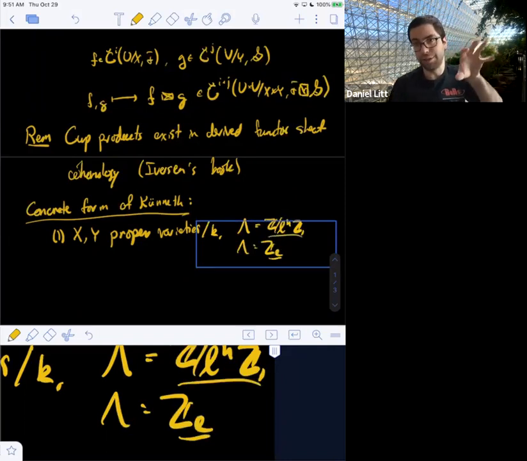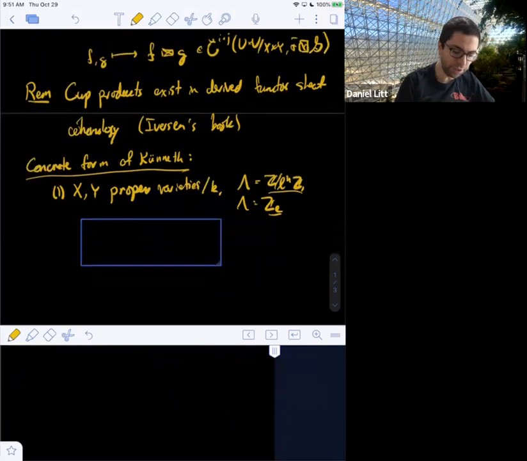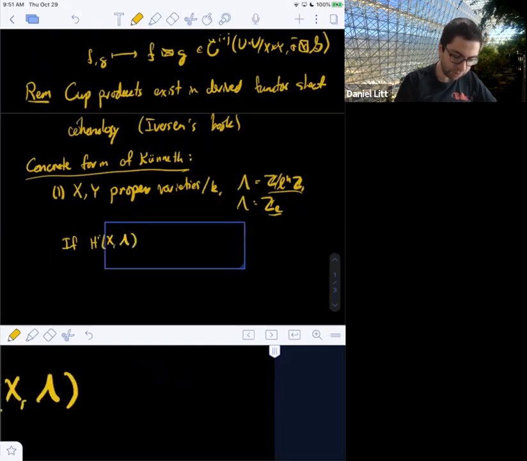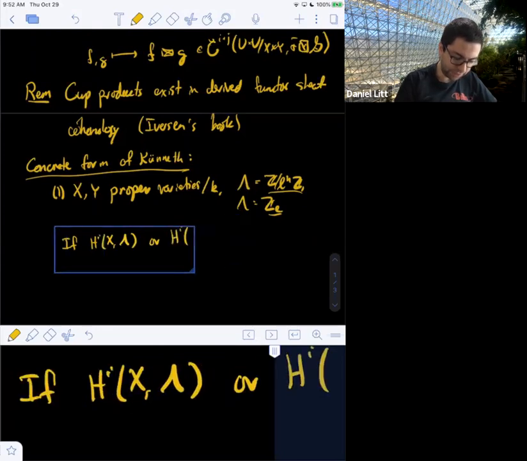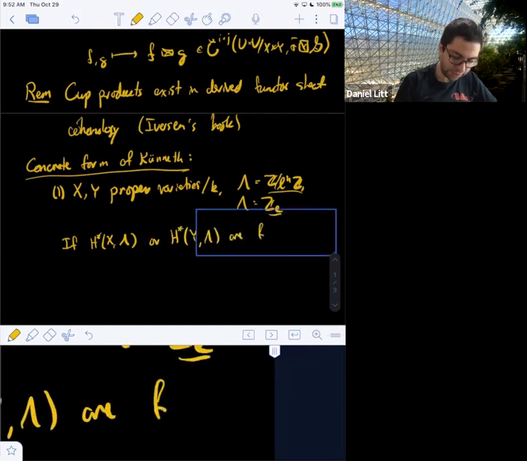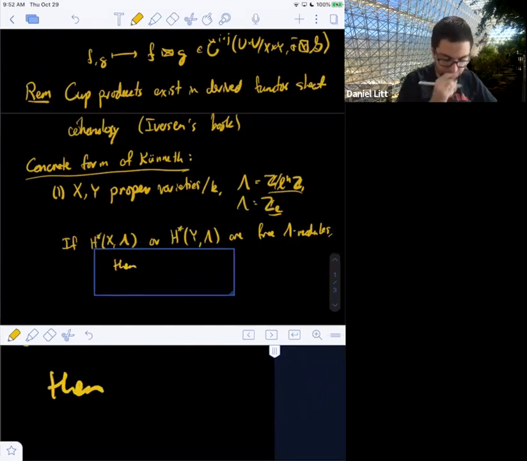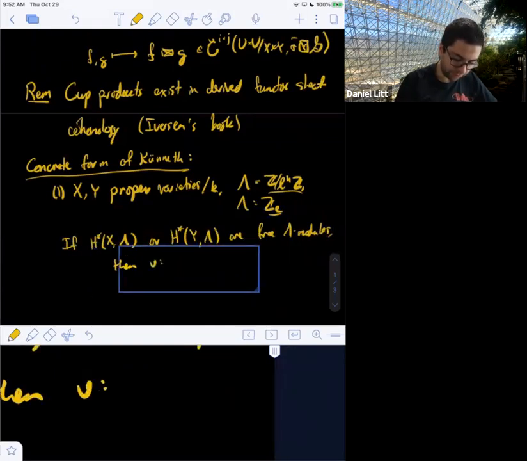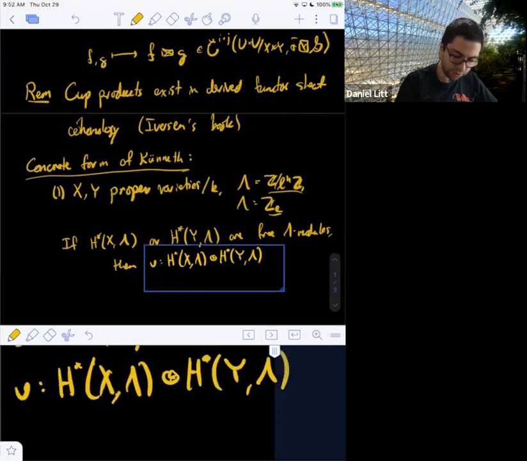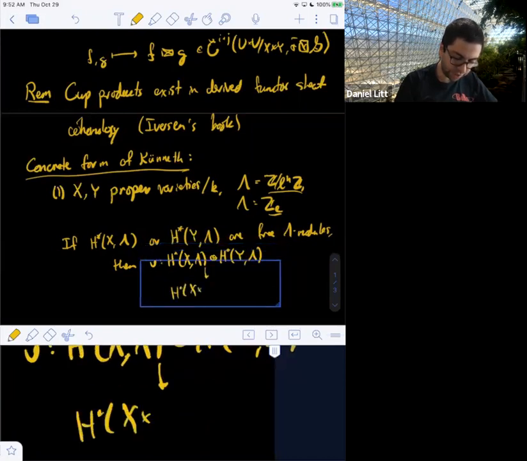What is a Z_L sheaf? It's like an inverse system of Z mod L^n sheaves, and you just take all of them to be the constant sheaf Z mod L^n Z. So the statement is that if H^* of X lambda or H^* of Y lambda are free lambda modules, then the cup product map that we just defined from H^*(X, lambda) tensor H^*(Y, lambda) goes to H^*(X times Y).